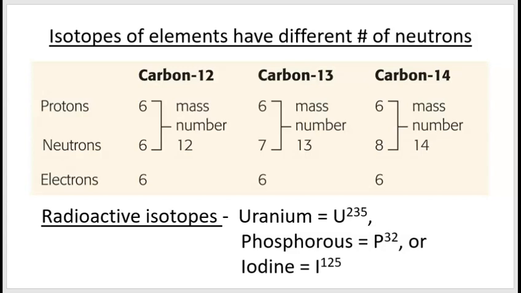Because you have those extra neutrons in there, they tend to decay over time because that nucleus is really unstable. And when the neutrons are decaying, you actually will get a release of different kinds of subatomic particles, but also energy. And that's where we run into problems with these radioactive isotopes that are out there.